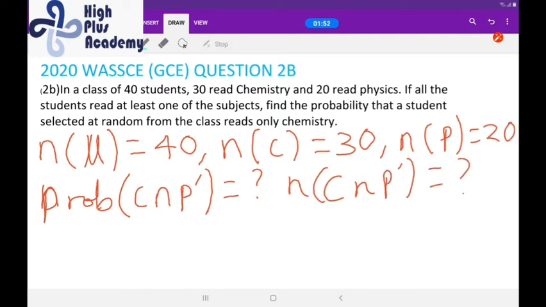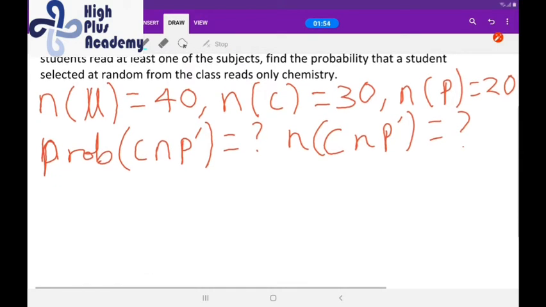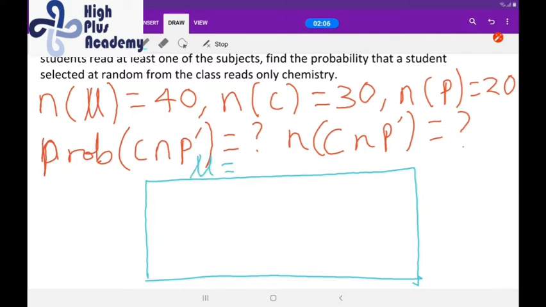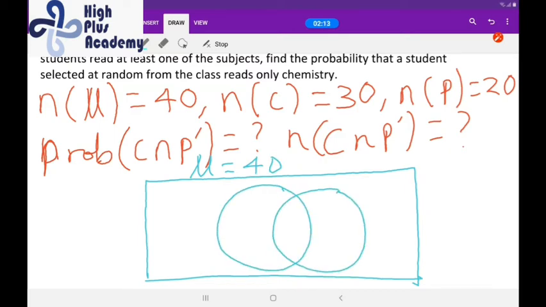Very good. Now let's draw the diagram so that we can move on from there. Now we have a rectangle most of the time to represent the universal set, which is this, and that is 40. We are dealing with two parameters, hence we have two circles.